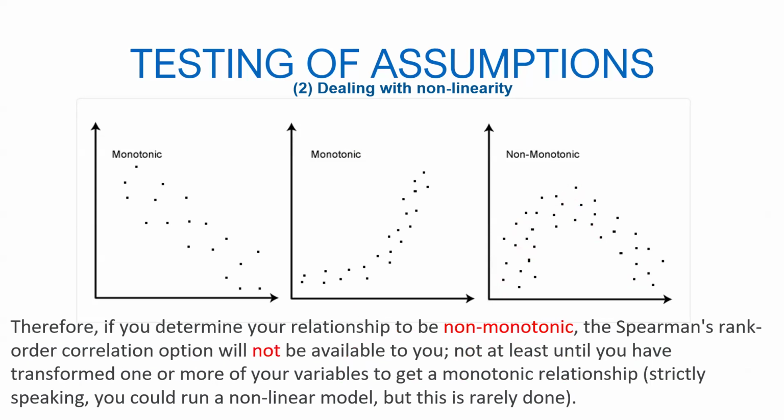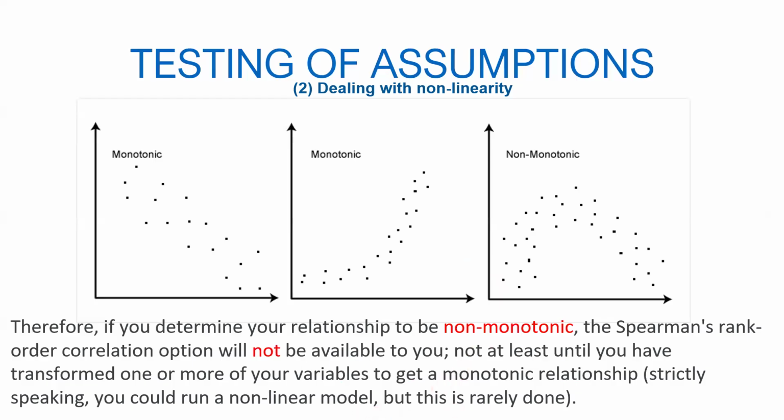If you determine your relationship to be non-monotonic, as we see in the third figure, the Spearman's rank order correlation option will not be available to you, at least not until you have transformed one or more of your variables to get a monotonic relationship. Strictly speaking, you could run a nonlinear model, but that is rarely done.